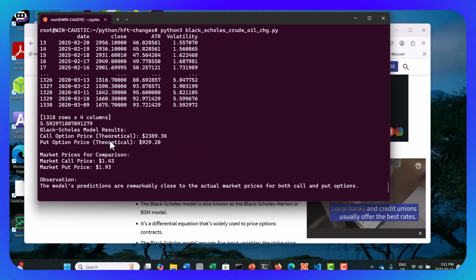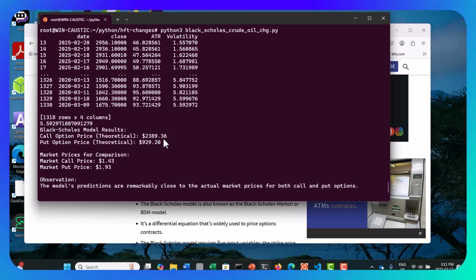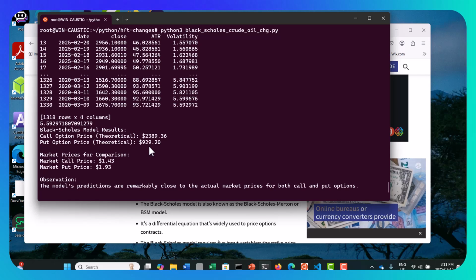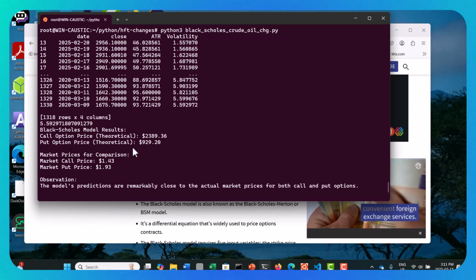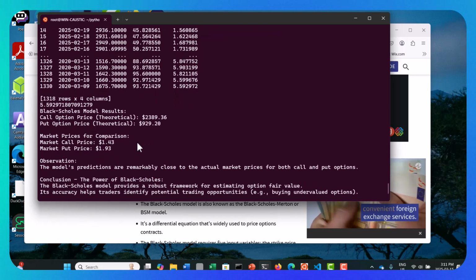In this case, we have a call option price of 23.8936 theoretical, put option price at 929.20, theoretical. I've already done a video on capturing option chain data for the different contracts, for the different calls and puts and at different strike prices.